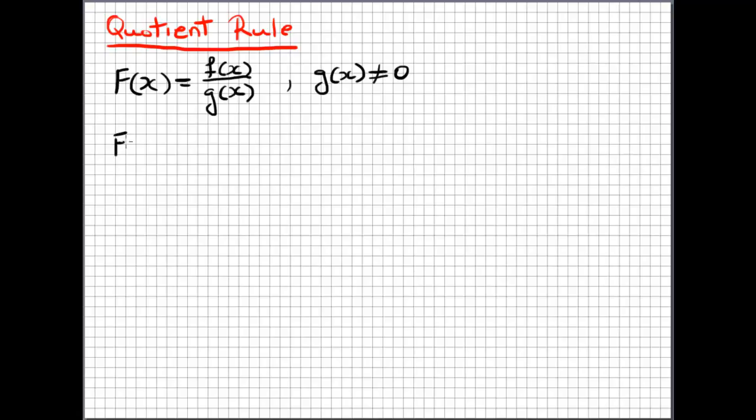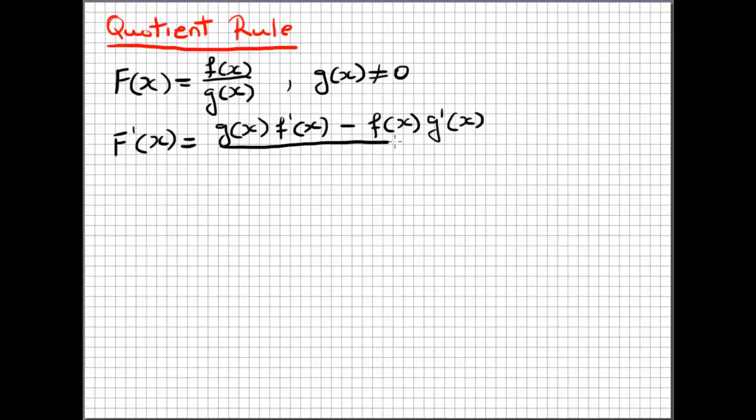Then our derivative f dash of x equals g of x times f dash of x minus f of x times g dash of x, divided by g of x squared.